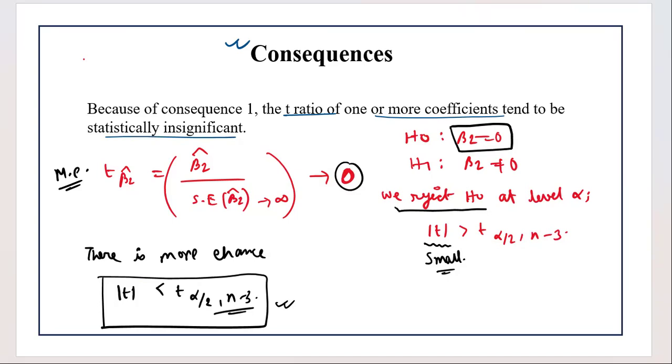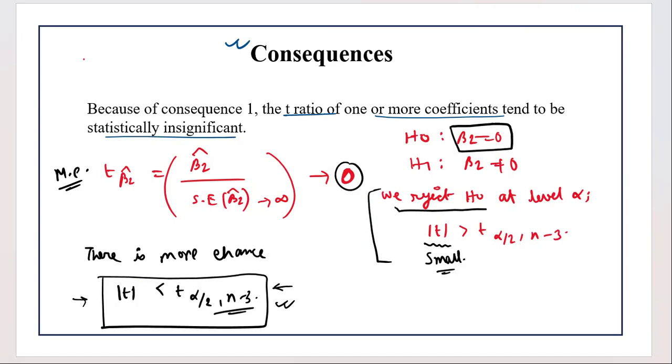If you have any doubts anywhere, you can let me know in the comment section and I'll be replying to that, right? So again, let me summarize everything. Under multicollinearity, we have seen that the t statistic will be closer to 0. Since it is very small, it is very likely that the computed t value will be less than the critical t value, right? If this relationship is more likely, then we would not be rejecting H naught, because we would have rejected H naught only if the computed value falls into the rejection region.